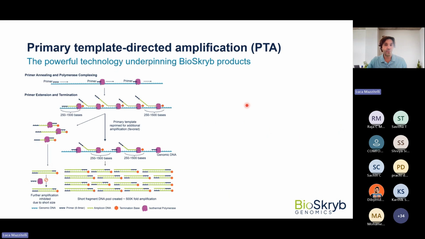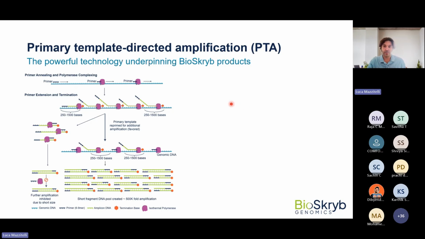And how are we able to survey the genome? BioSkryb is the provider of a technology called primary template directed amplification, PTA. So we are mastering the way we can provide a great coverage and analysis in a uniform way of the whole genome.